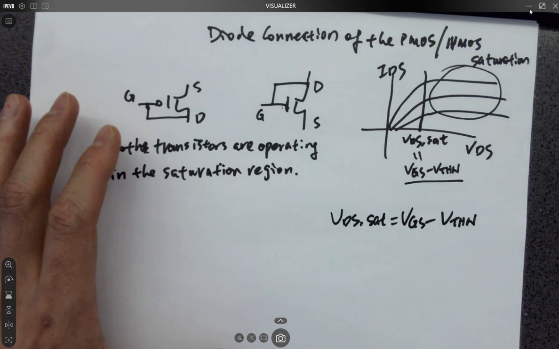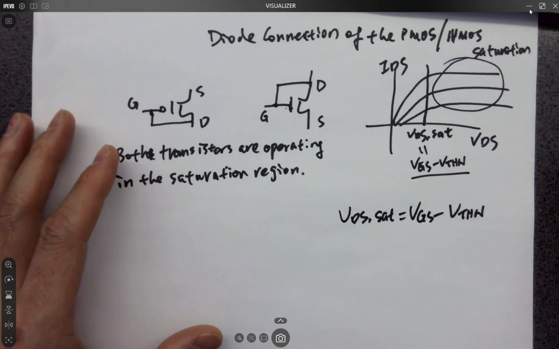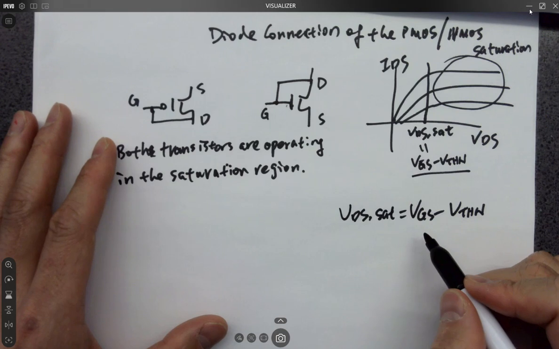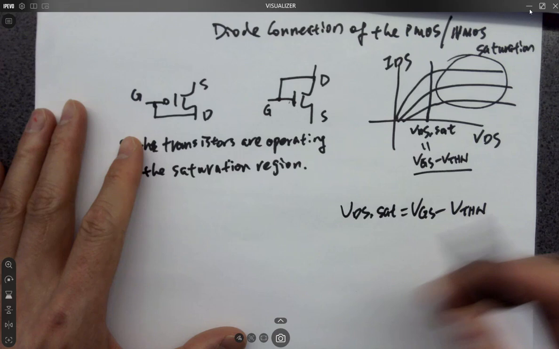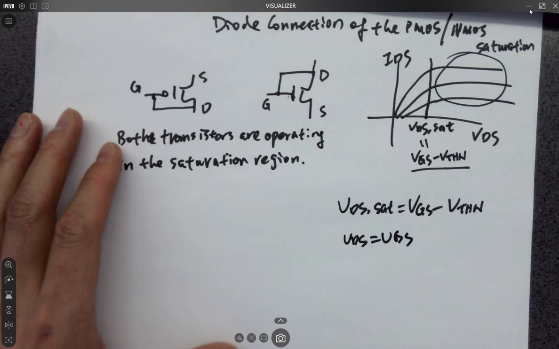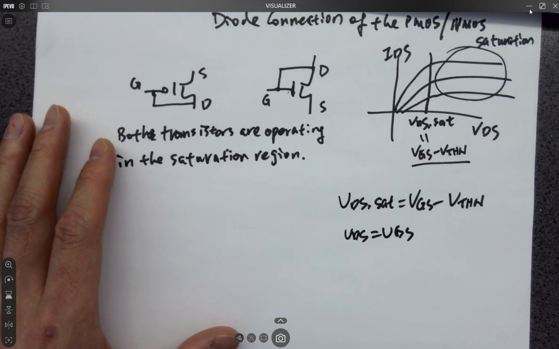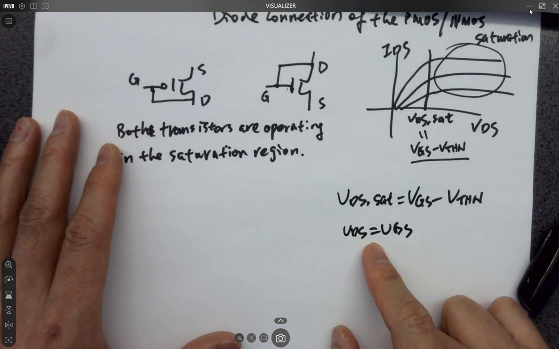And if we short the gate to the drain, VDS equals what? Do you agree with that? No problem here, right?